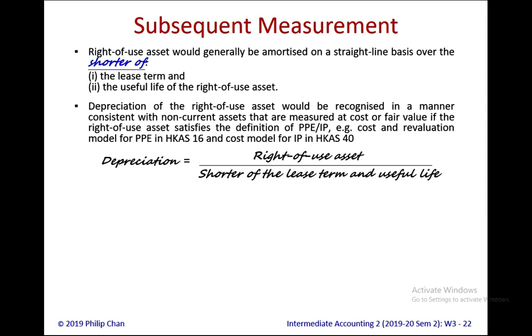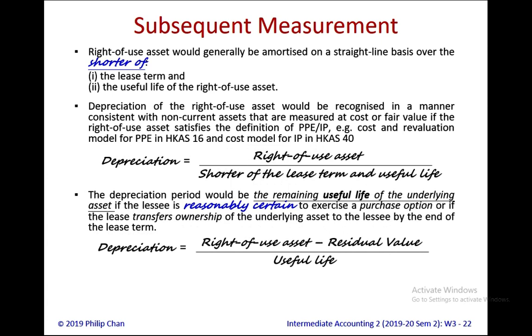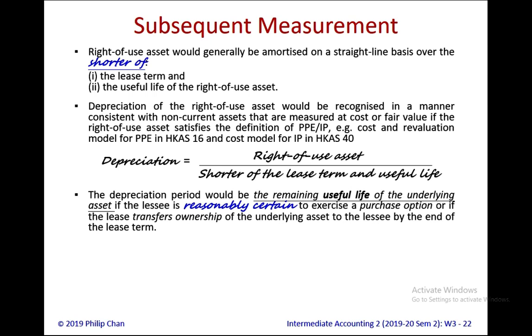Very likely, in most cases, it will be just the lease term, because the lease term tends to be shorter than the useful life. However, under two specific circumstances, we divide the right of use asset by the useful life. One is when there is a purchase option allowing the lessee to buy the asset at the end of the lease term, and it is reasonably certain that this would be done.